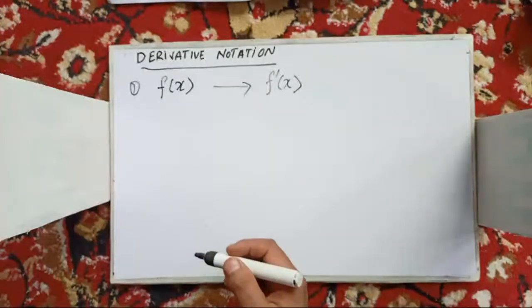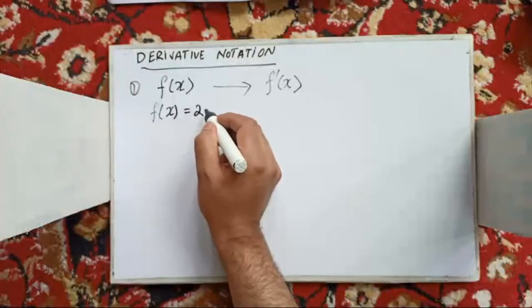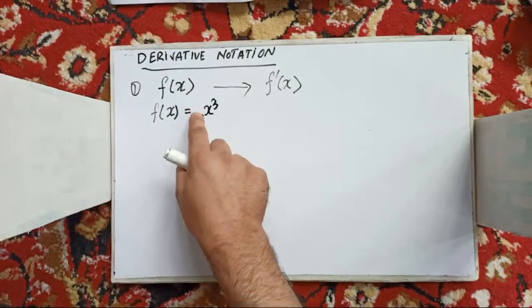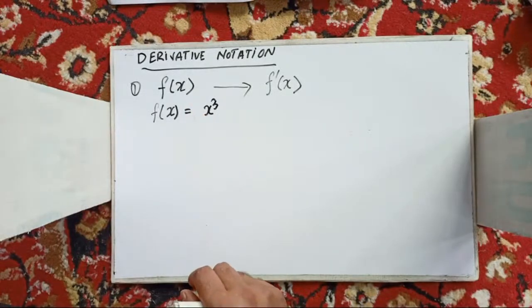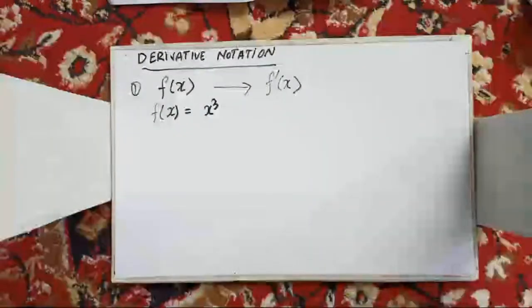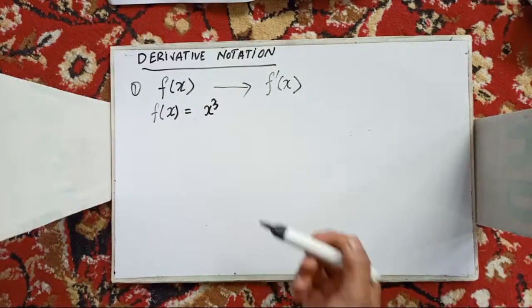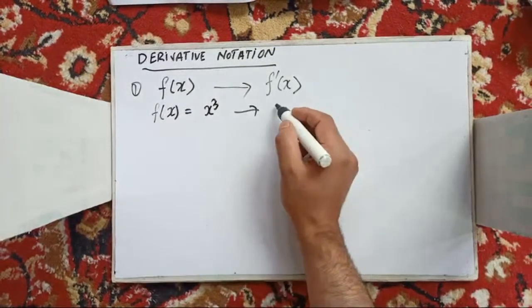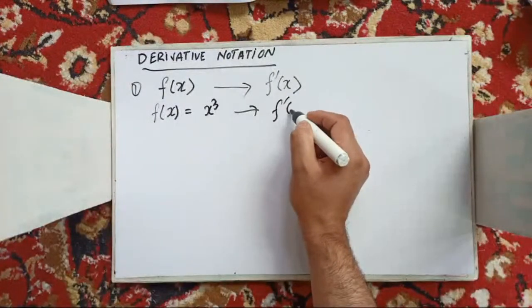That means if we are given f of x is equal to x cube, we can write the derivative of this f of x as f dash x.